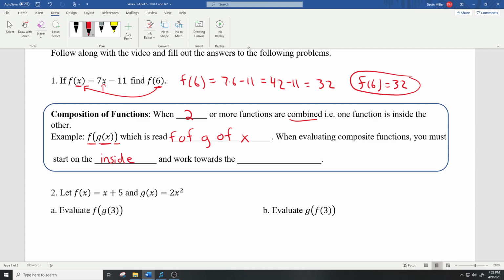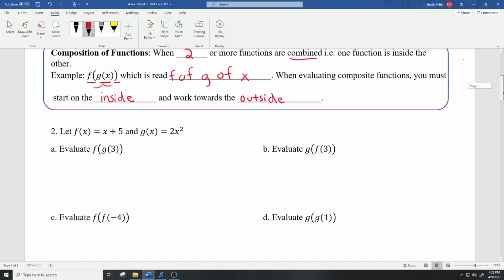So when we evaluate these, we're going to start inside where the g of x is and work towards the outside. Very basic. We're going to start from the inside and work to the outside. You do not start with the f on the outside and work your way in. You start from the inside and work your way out.